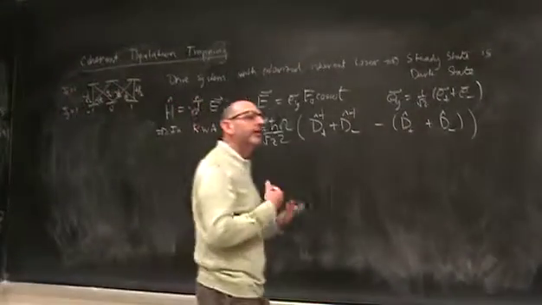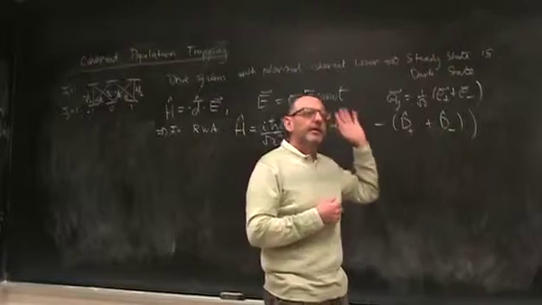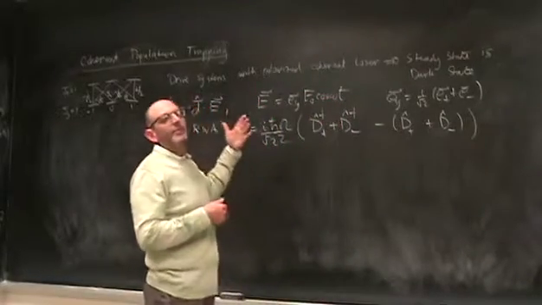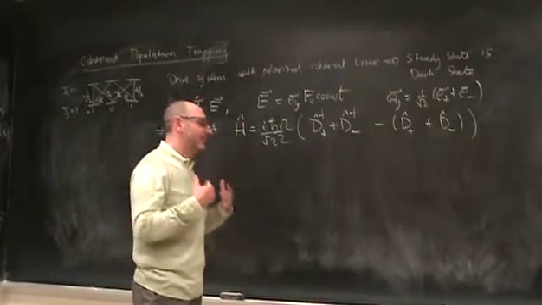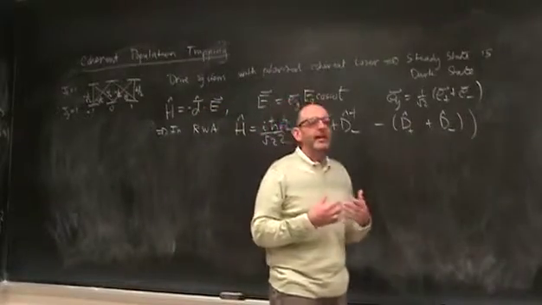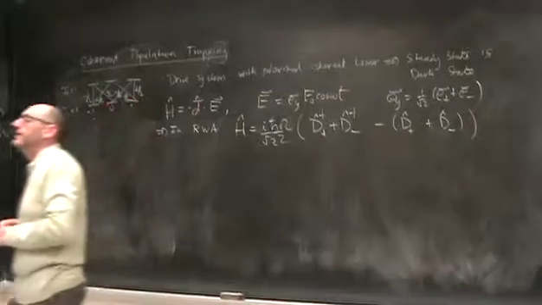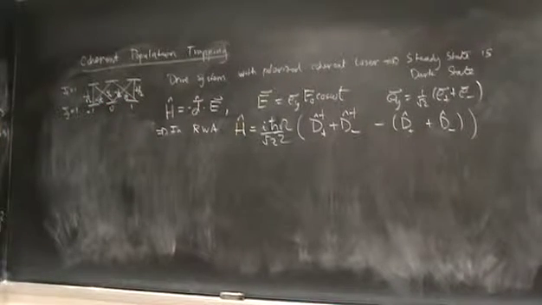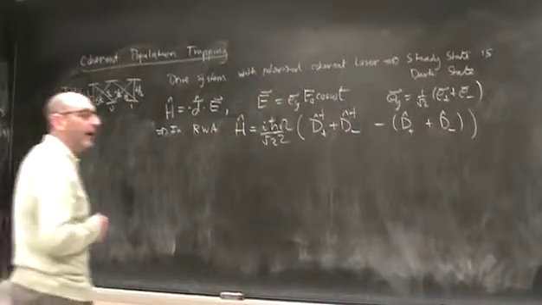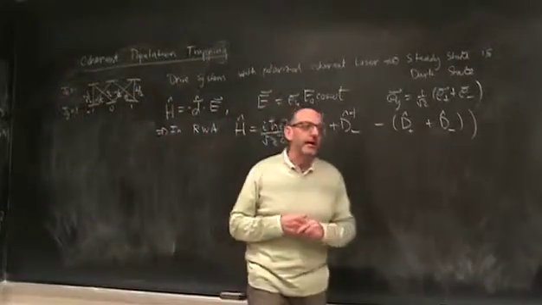What we found last semester is that when the level structure is of a particular kind, the system will ultimately, in steady state, land in a dark state. The dark states are the states that do not absorb. They do not couple to the laser field, okay?